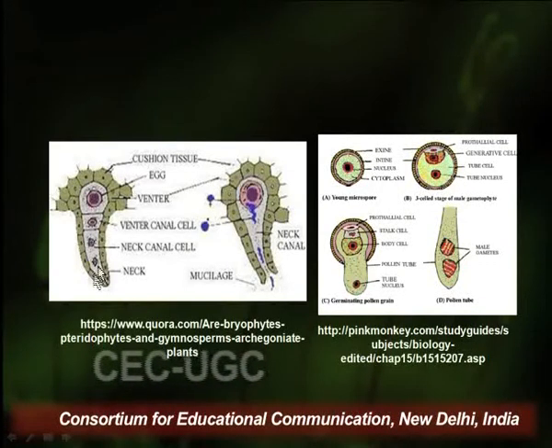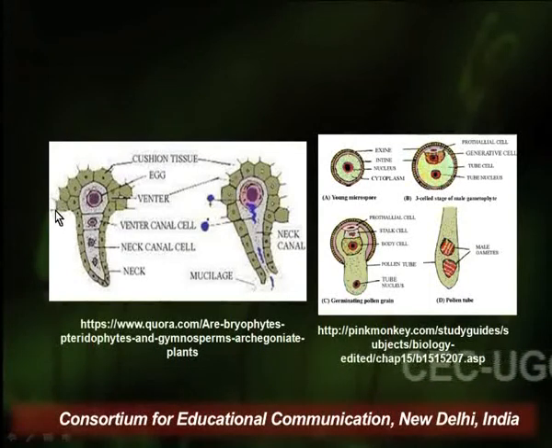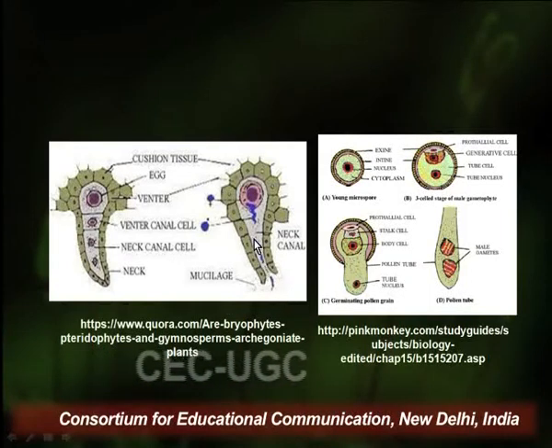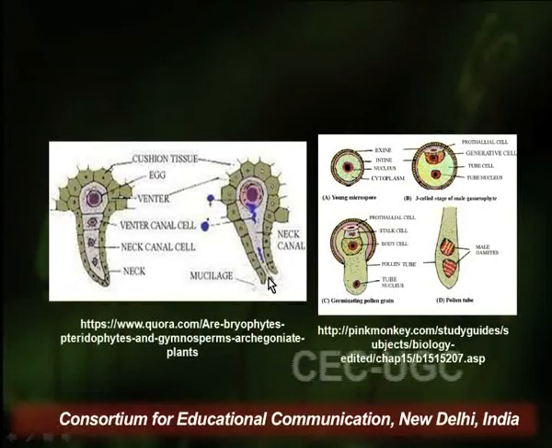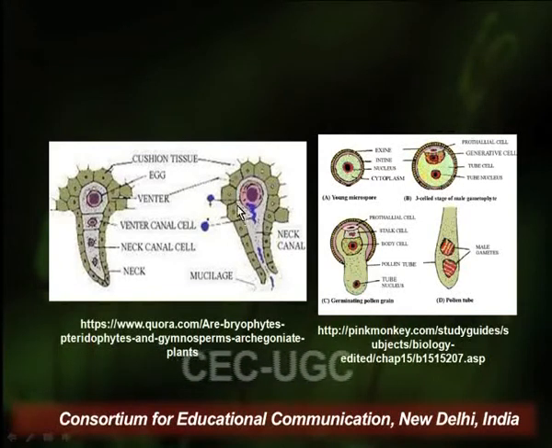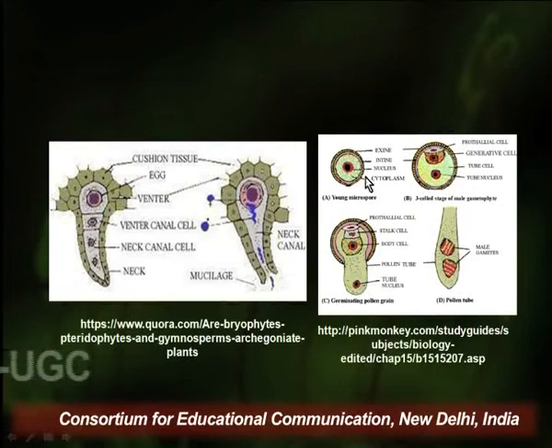This entire archegonium is embedded inside a cushion tissue. During the course of fertilization, neck canal cells dissolve and the antherozoids reach the egg chemotactically, and fertilization takes place. After fertilization, the young sporophyte is produced.